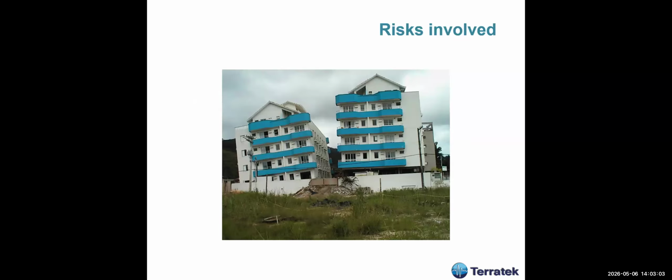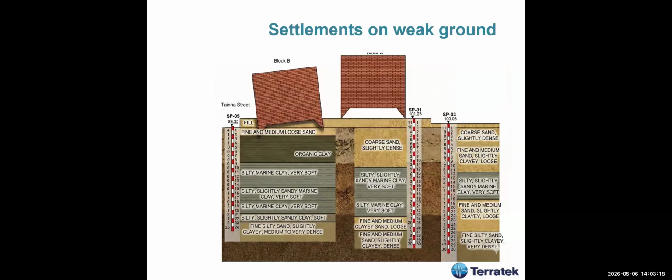About the risks involved, this is an example of two buildings, four or five-story buildings, that were tilting due to problems with the foundation. And this is the cause.